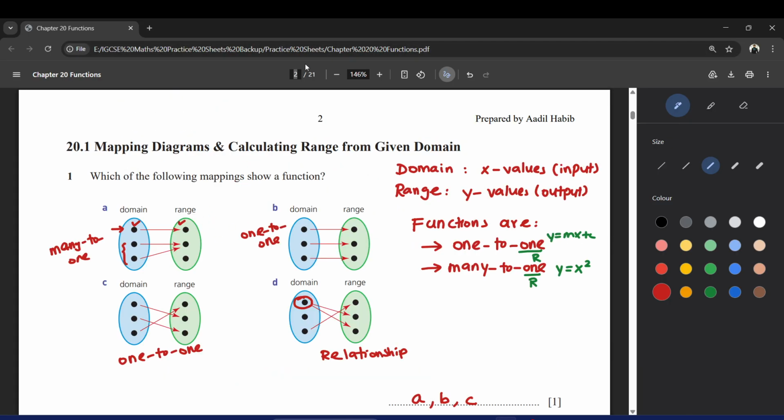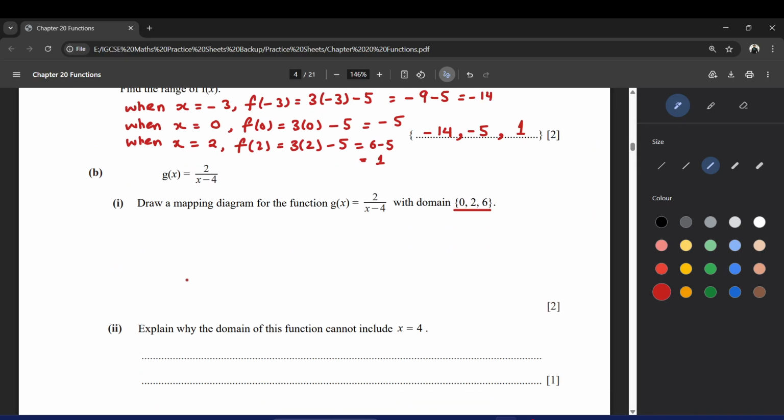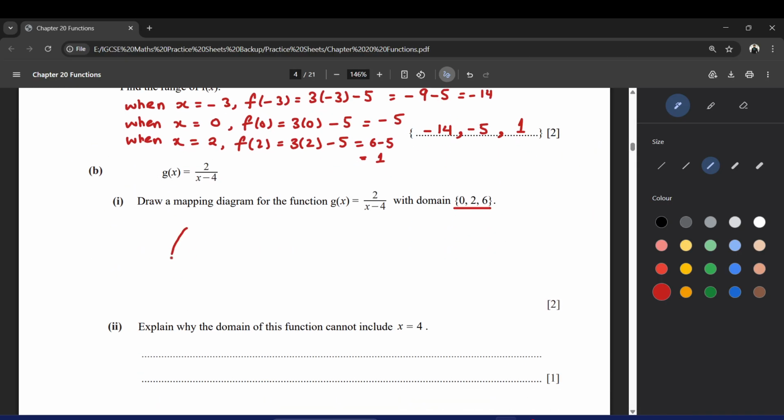So what do we do in this case? We draw two oval shapes. This one represents the domain, and then we draw another oval shape. This one is your range.